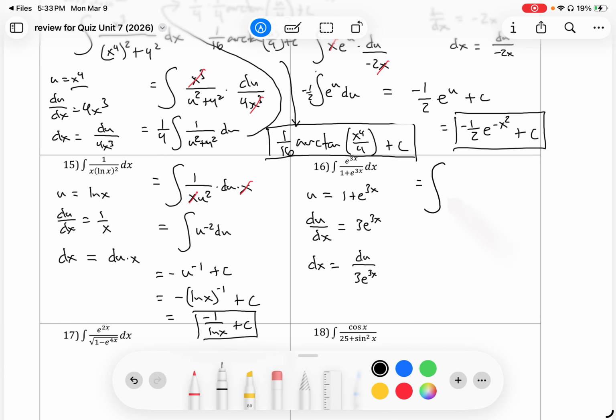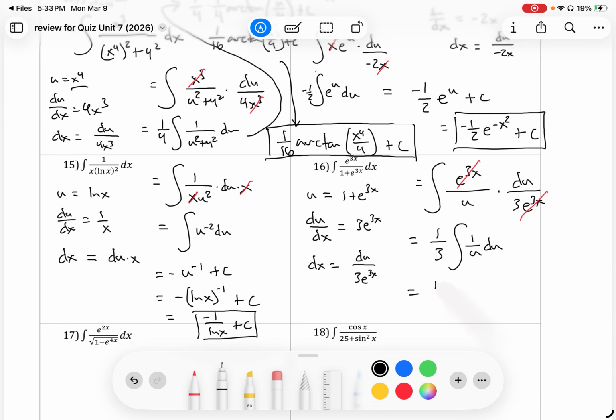So this antiderivative would become e to the 3x divided by u times du over 3e to the 3x. That's 1/3 antiderivative of 1 over u du.